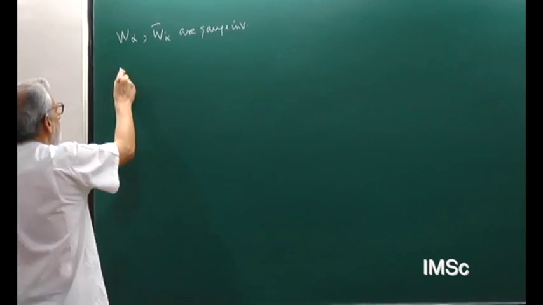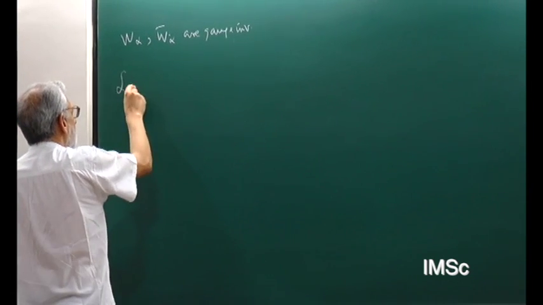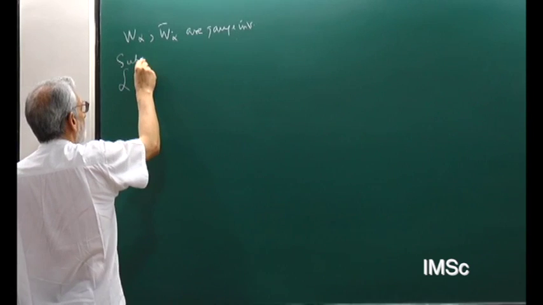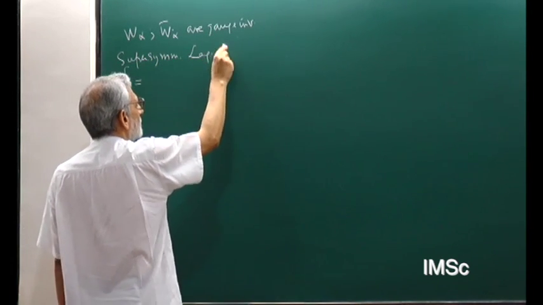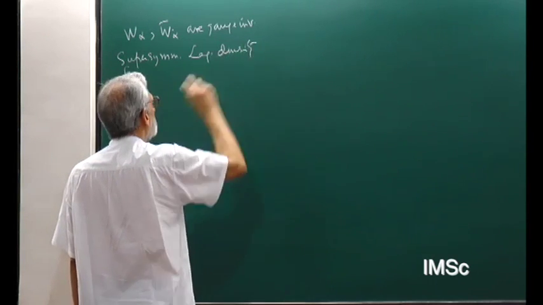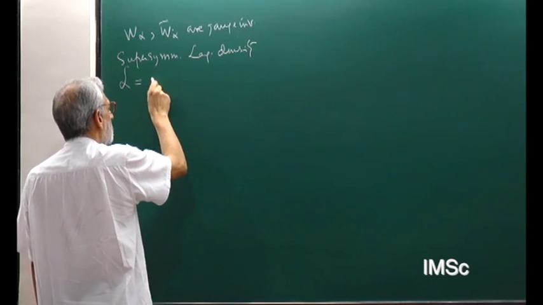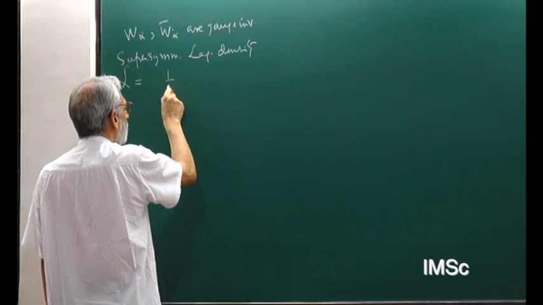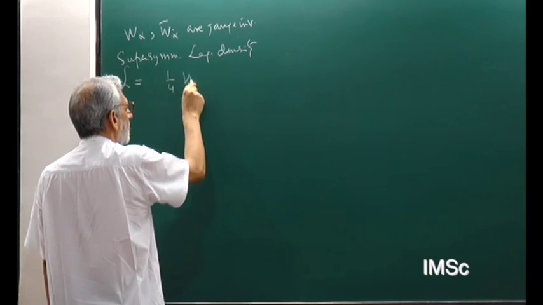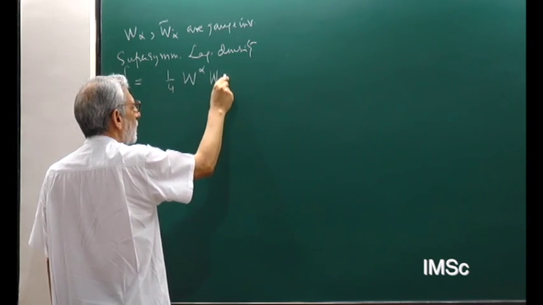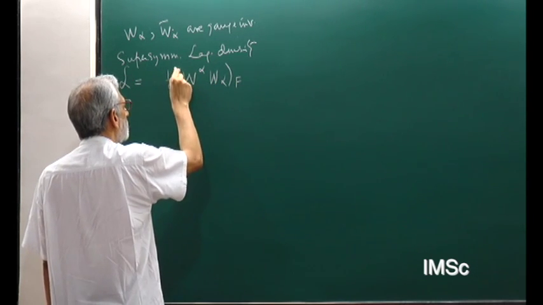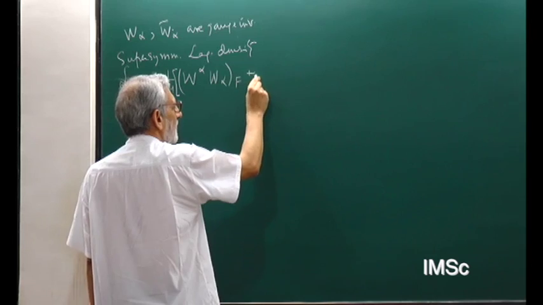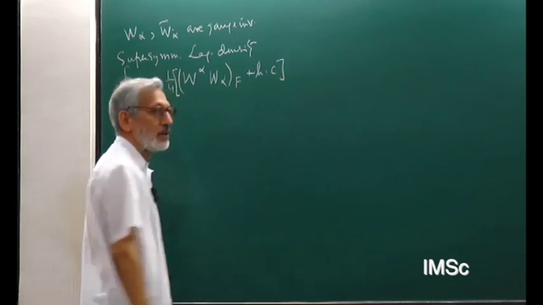So we can construct a supersymmetric Lagrangian density, which is 1/4 W_alpha W^alpha, take the F component of this object, and then add Hermitian conjugate.